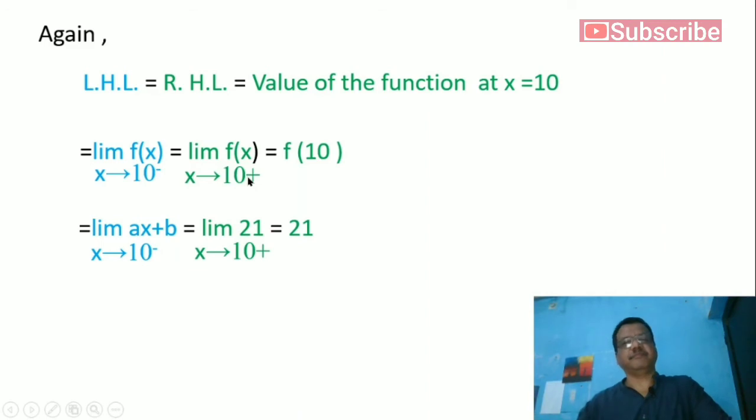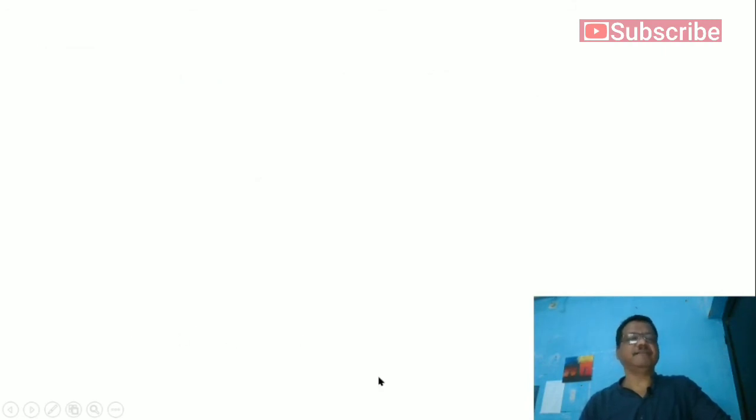And for the real numbers which are greater than 10, f(x) is defined as 21, this one, and f(10) is equal to 21, right? So putting x equal to 10, we will get 10a plus b, and then this is constant 21. So the second equation will be 10a plus b is equal to 21.